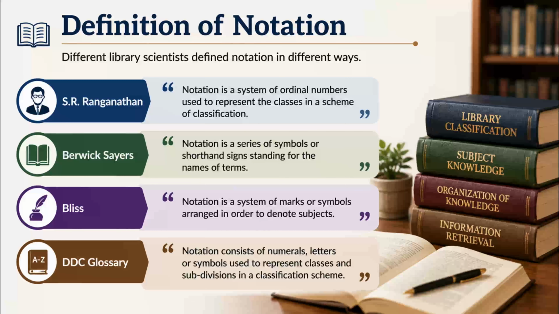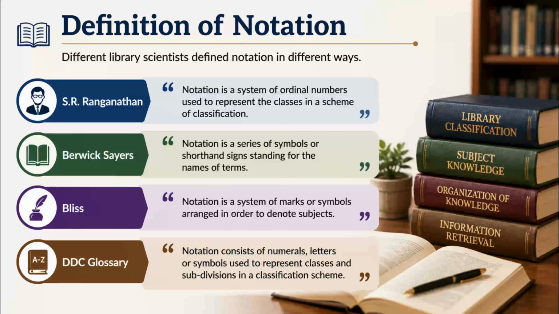Bliss explained notation as a system of marks or symbols arranged in order to denote subjects. And according to the DDC glossary, notation consists of numerals, letters, or symbols used to represent classes and subdivisions. All these definitions clearly tell us one thing: notation acts as a symbolic language for library classification.